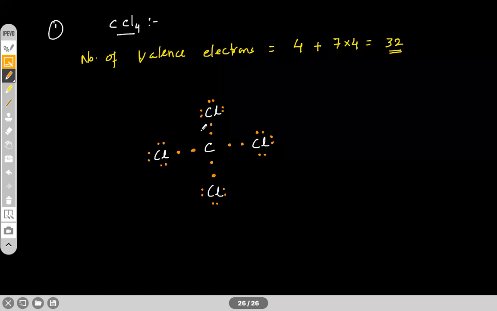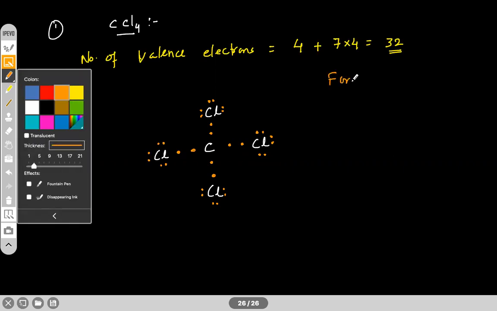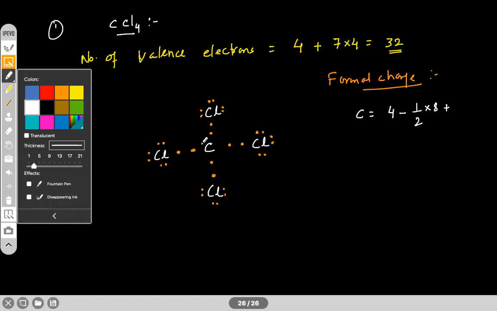The last step, when you do everything, is to calculate the formal charge. Let's see how to calculate the formal charge. Formal charge we calculate on each atom, including the central atom and the outer atoms. The bonding of all chlorines is the same. The formal charge on carbon is what? The formula we use: number of valence electrons, 4, minus half of the shared electrons. 2, 4, 6, 8 electrons are being shared, so half of 8, plus the number of unshared electrons on this carbon. There is no unshared electron.